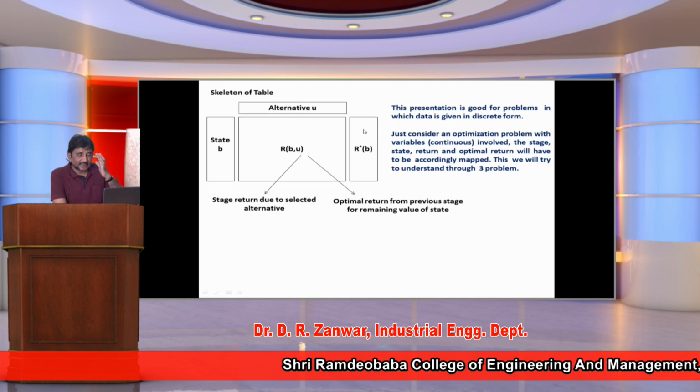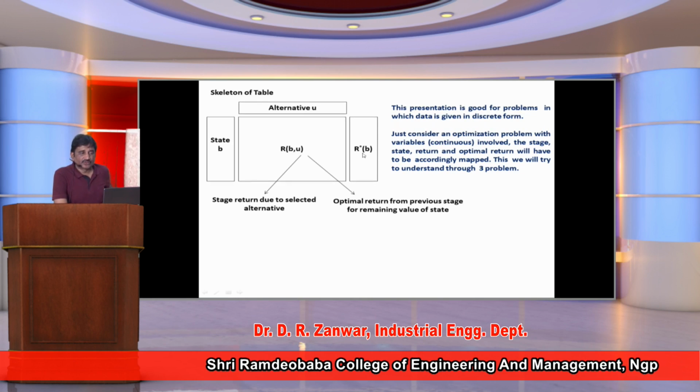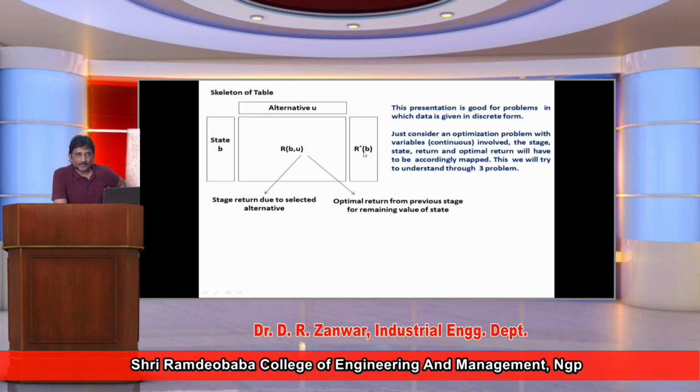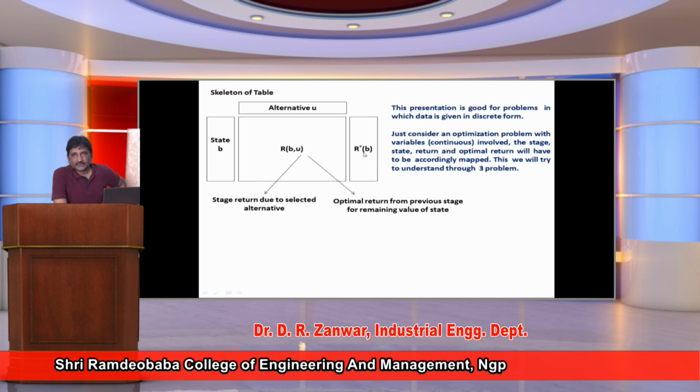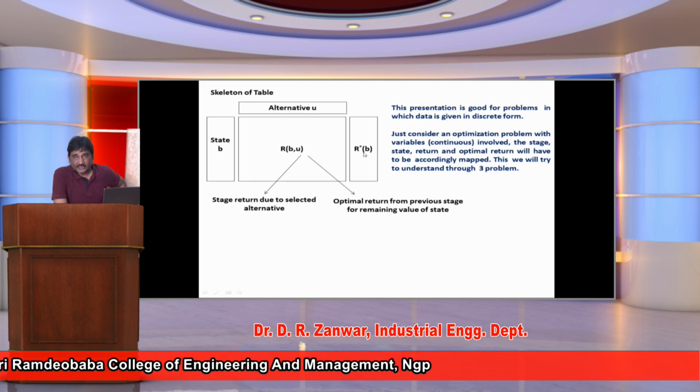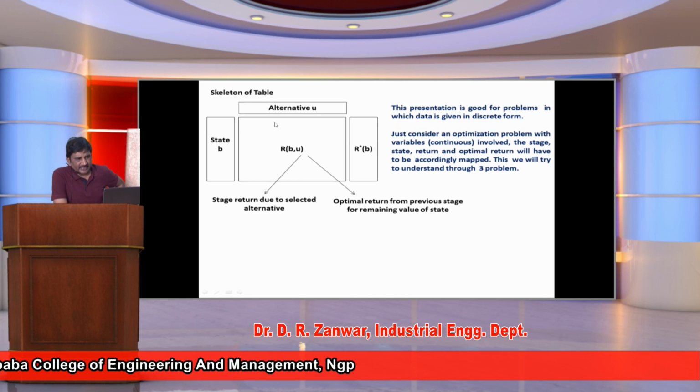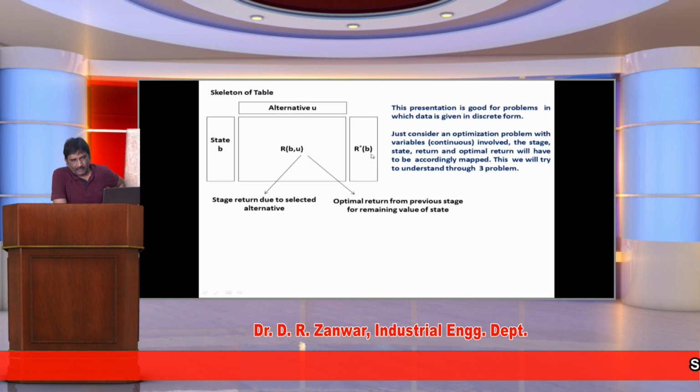Then lastly, in the last column, we used to find the optimal return for the current stage. For every state, we found the optimal return, so it was a function only of state. R1 star b stands once again for the optimal return for a given state, right?